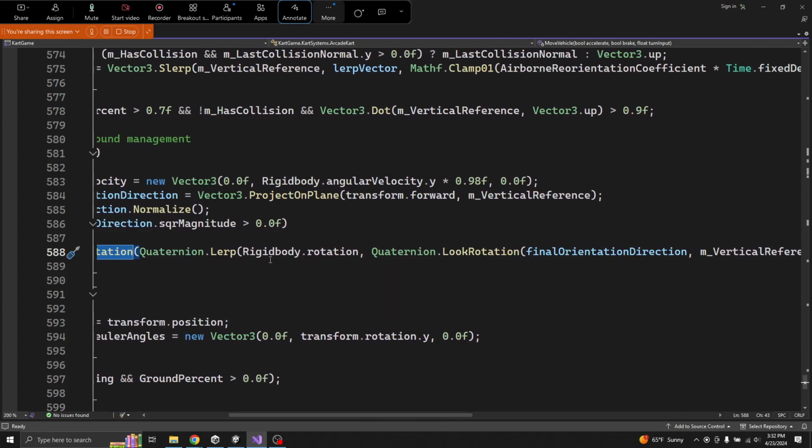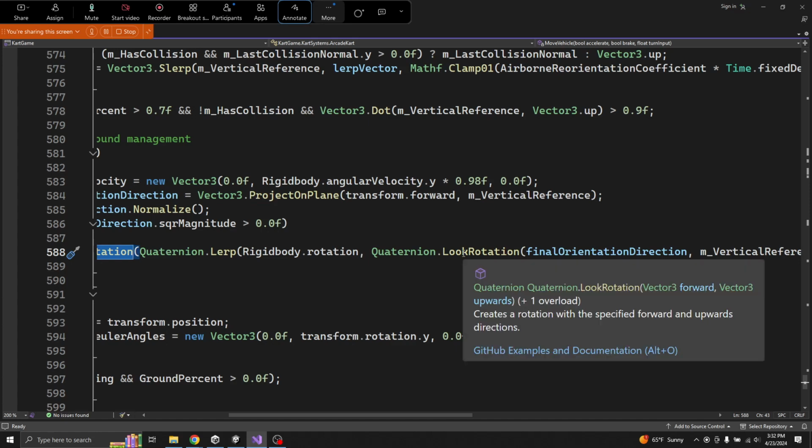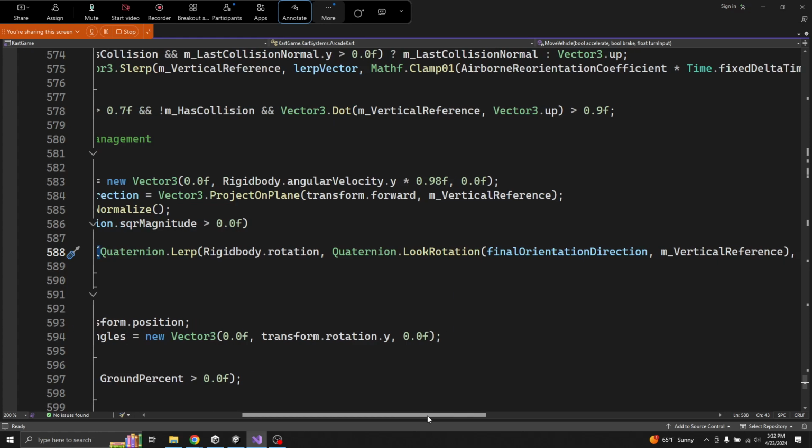We're going to lerp on the quaternion where our current rotation, and then a LookRotation. LookRotation is useful where I don't want to figure out the quaternion, but I'm going to say this is the forward direction, the direction I want to look, and this is the up. You have to always specify the axis you're aligned or rotated with.